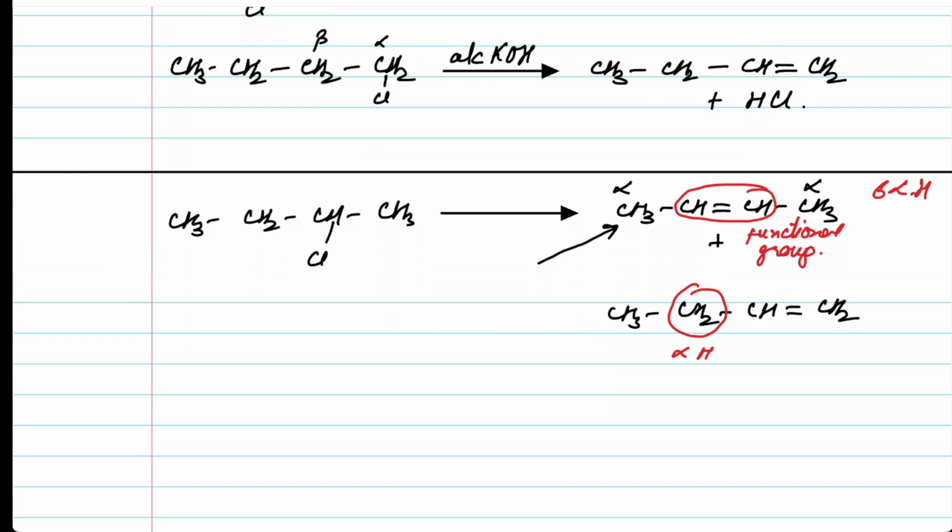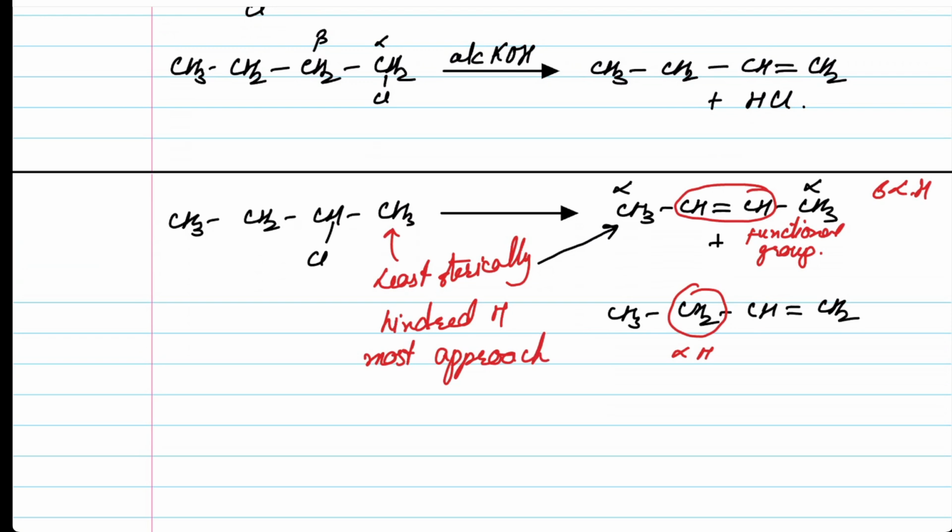While in the case of the second alkene, what we can say is that the alkene is formed by the elimination or removal of the least sterically hindered hydrogen, or you may even say the most easily approachable, most approachable hydrogen.